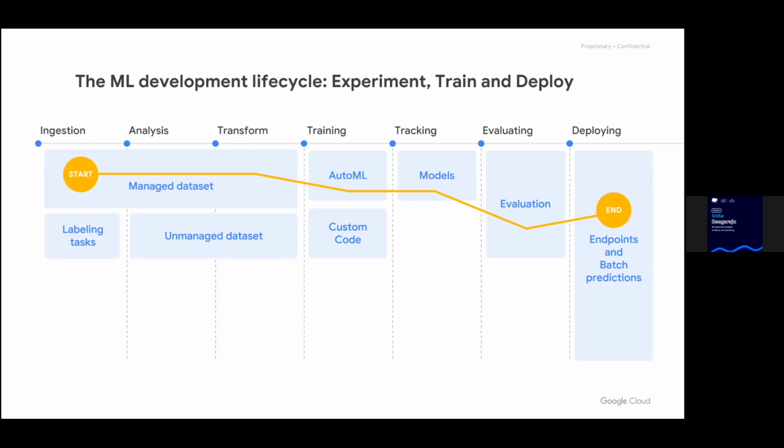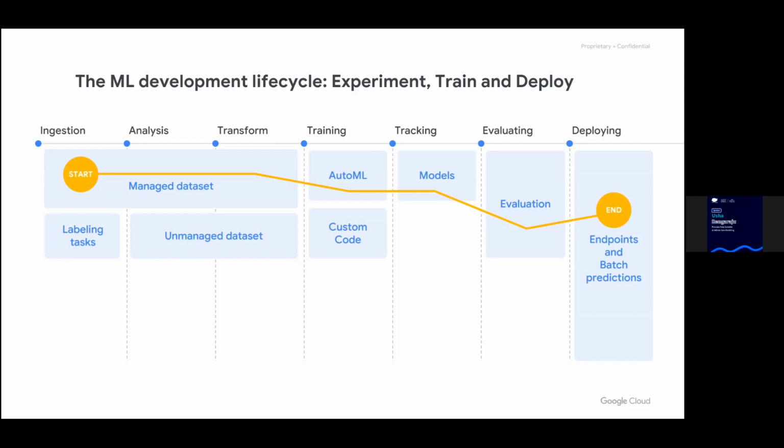Once you finish training your model, that's when a lot of big parts come up, like tracking your model, evaluating your model, and then deploying. Vertex AI, as I mentioned in the beginning, is an end-to-end unified platform for doing everything from ingestion to deployment. You have tools to guide you throughout the process of your ML development cycle.